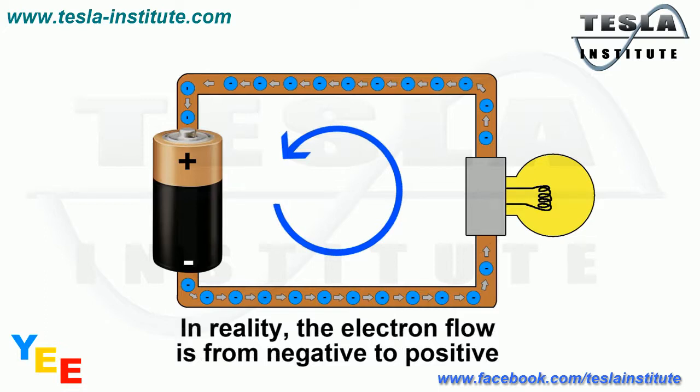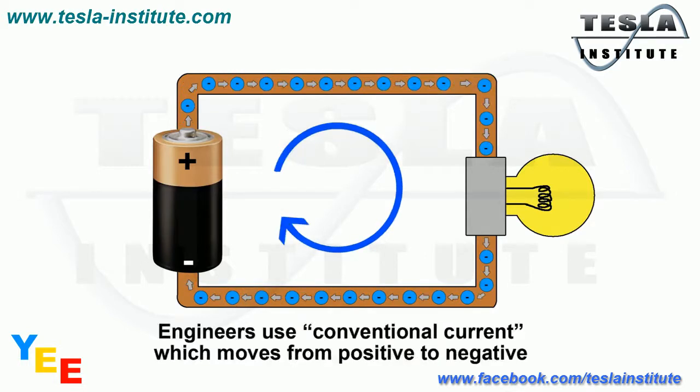Back in the early days when scientists were still figuring out the basics of electricity, they didn't know whether it was the protons or the electrons that were flowing. They made a guess and thought that current flowed from positive to negative, but the reality is that the actual flow of electrons goes from negative to positive. Unfortunately, every single formula that we use in electronics is based around the mistake of assuming that current flows from positive to negative.